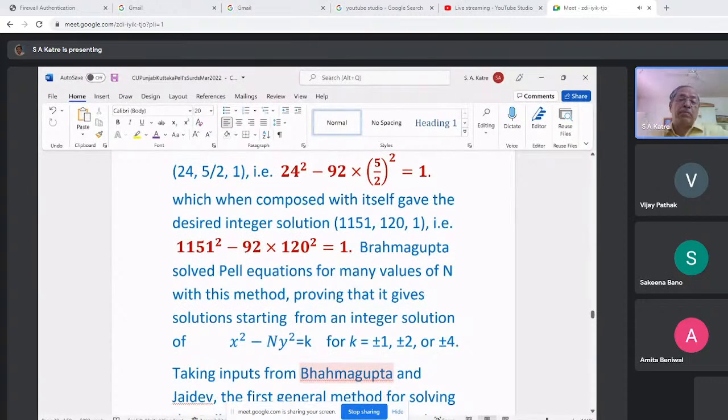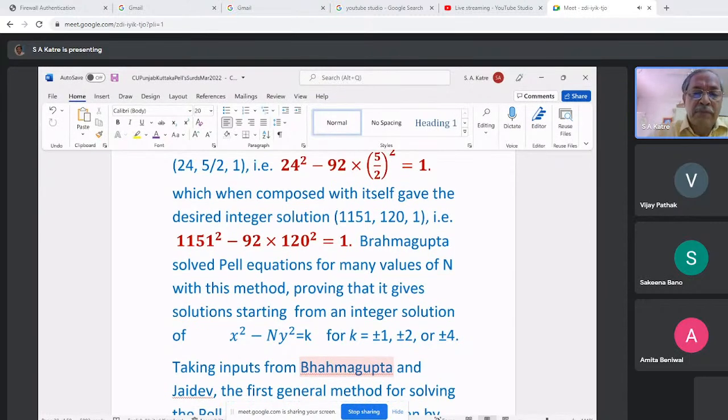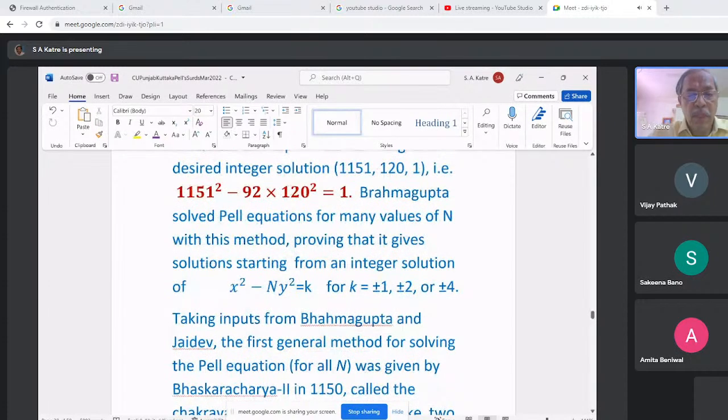But Brahmagupta, although he solved the problem for many values of n, he was unable to solve it for all values of capital N. And that work was done by Bhaskaracharya. But before Bhaskaracharya also, people were trying to solve this problem. As today, Dr. Bedekar madam mentioned that problem of the number of partitions.